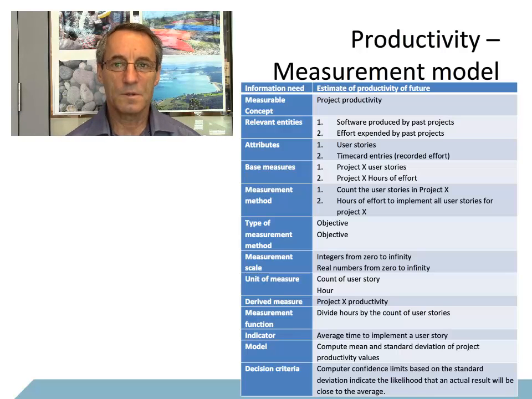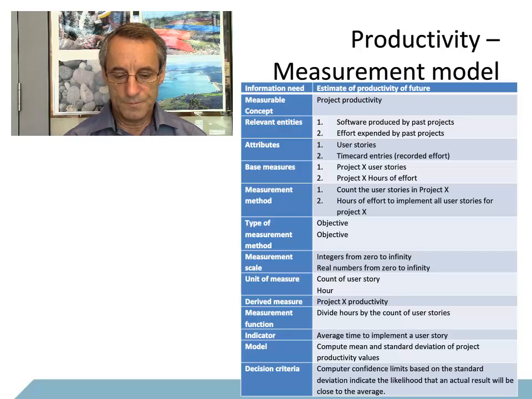So we're not dealing with that. We're also not dealing with function point counting. We are dealing with specific objective numbers. The number of user stories is very objective. It doesn't require any interpretation, so it's a very objective thing.